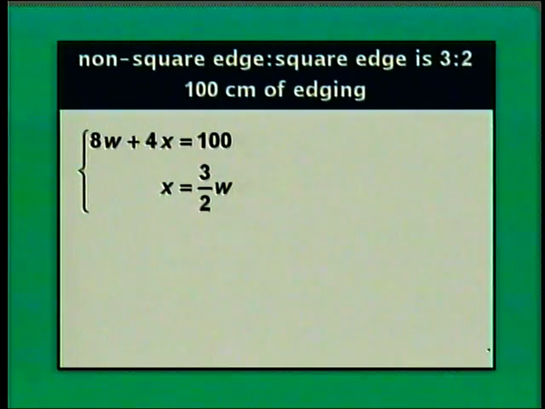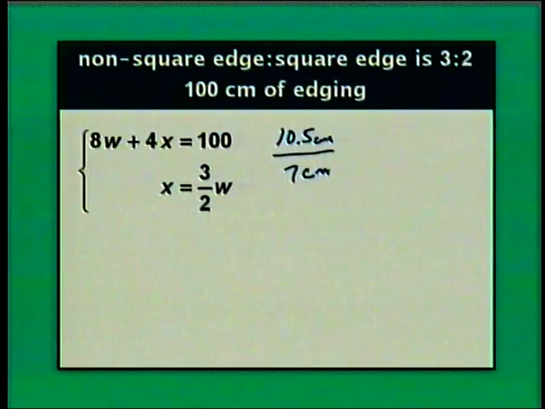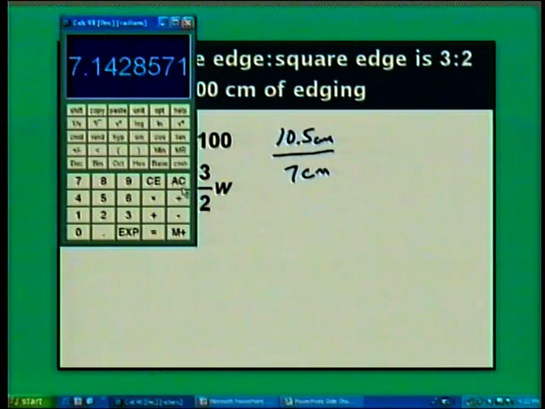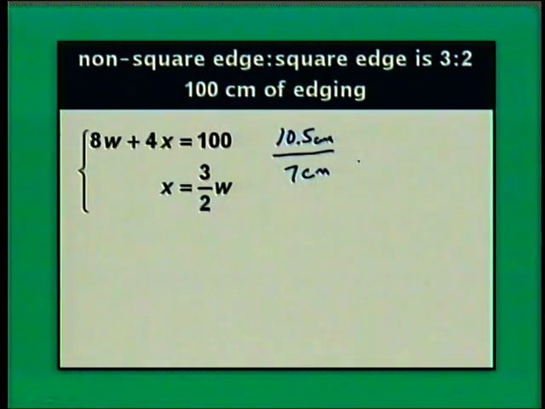Our non-square edge length, we think, is going to be 10.5 centimeters, and our square edge length, we think, is going to be 7 centimeters. Let's make sure that's equivalent to 3/2, which in decimal form is 1.5. Sure enough, it is. So that part of the problem checks.